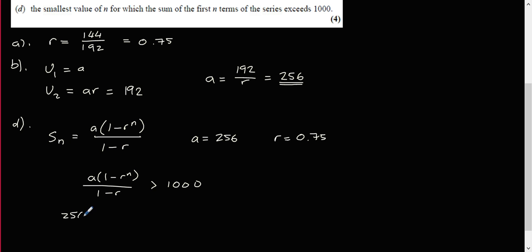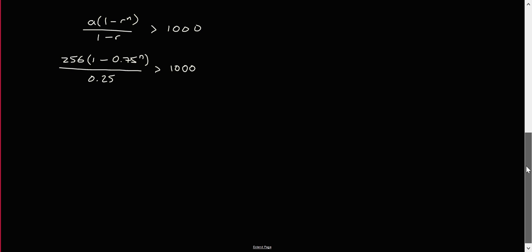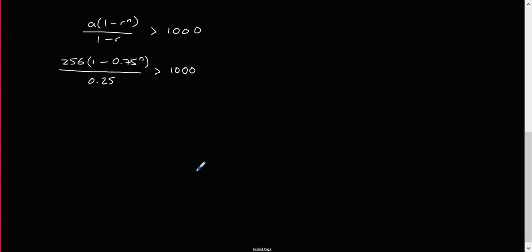So we've got 256 times 1 minus 0.75 to the power of n, divided by 1 minus 0.75, which is 0.25, greater than 1000.